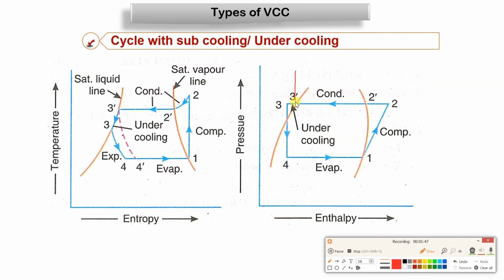So this will be high temperature curve and this will be low temperature curve. And if you see this TH diagram, this will be nature of constant pressure curve, and here also this will be nature of constant pressure curve.